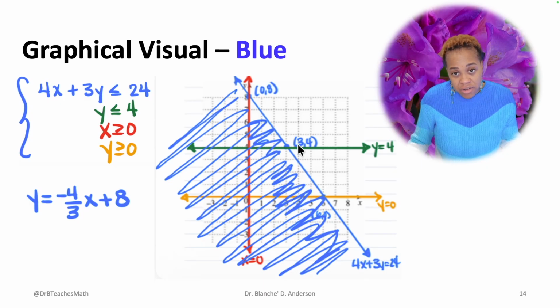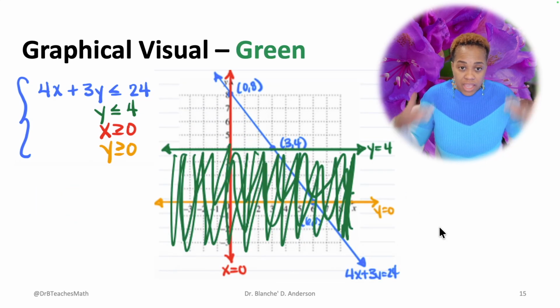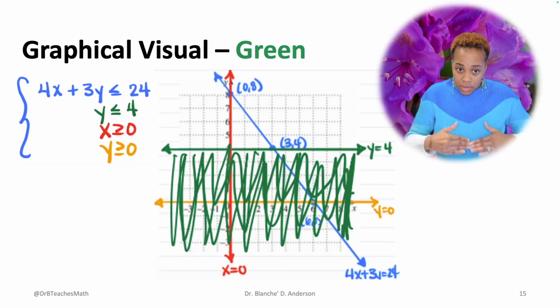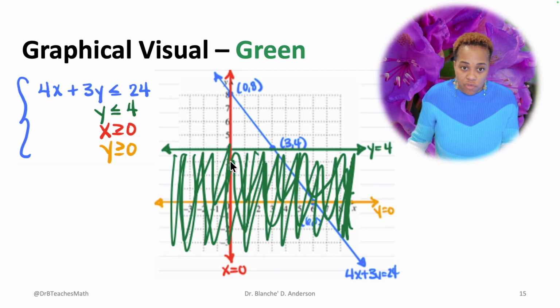Anything over here is not going to make the blue equation true. Okay, let's go to the green line. Anything below it, remember when we had that chart, everything below that line is less than or equal to 4. Which makes sense. So if y is 3, y is 2, now if y is equal to 6, well, that's not less than or equal to 4. That's why we didn't shade right here.